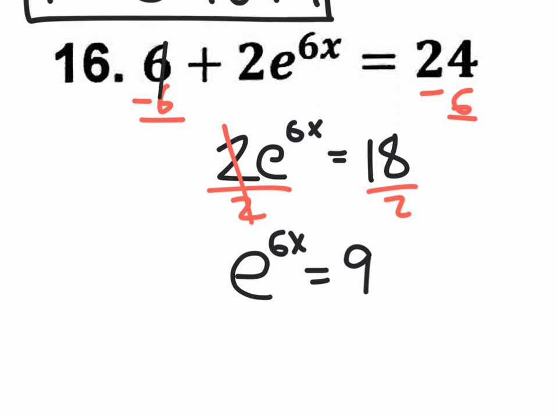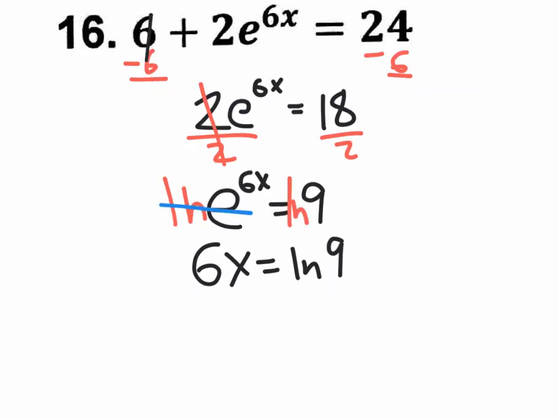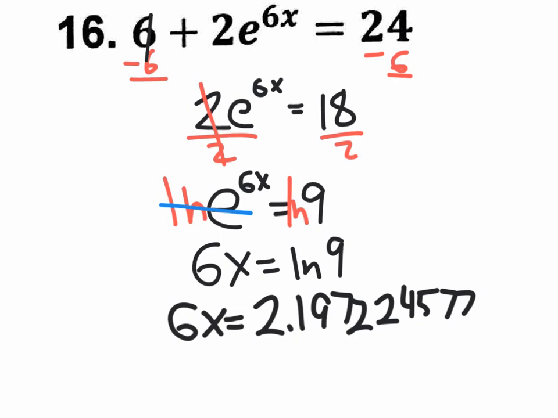Now, I don't want my 6x to be an exponent. I need to bring it down. So I'm going to undo the base e with log base e. Log base e is really ln. So I'm going to do an ln to both sides. That'll cancel it out. I have 6x equals ln of 9. ln of 9 on a calculator is 2.197224577.